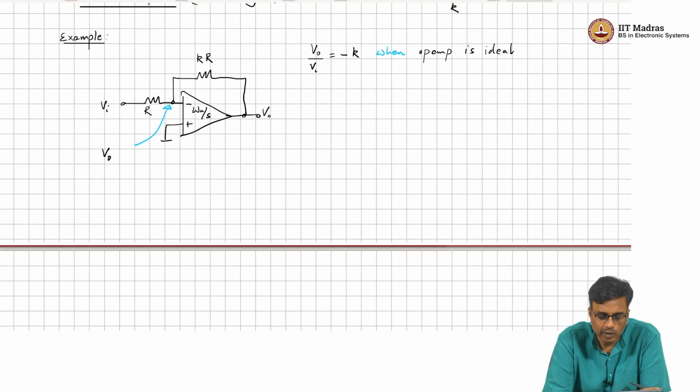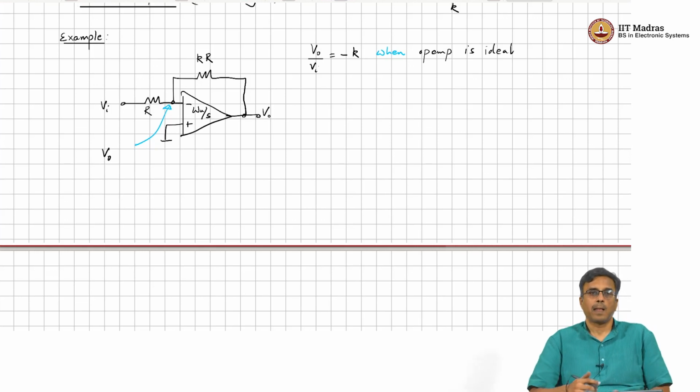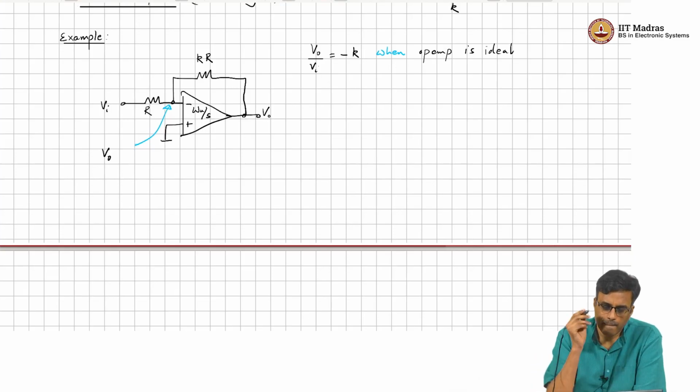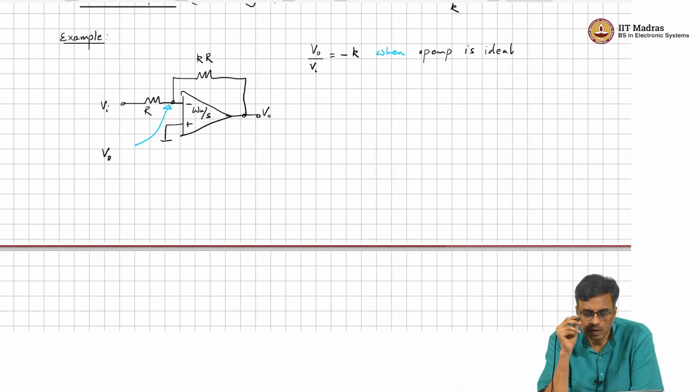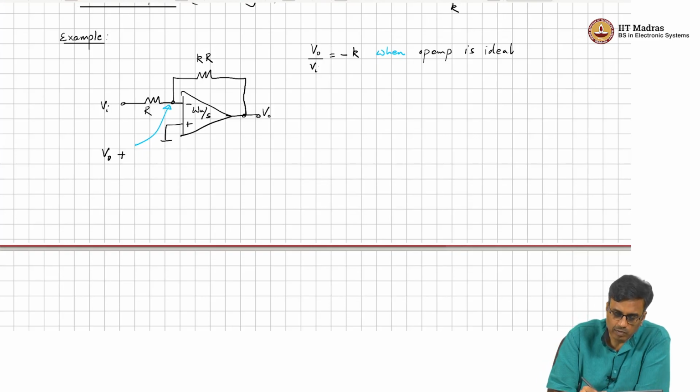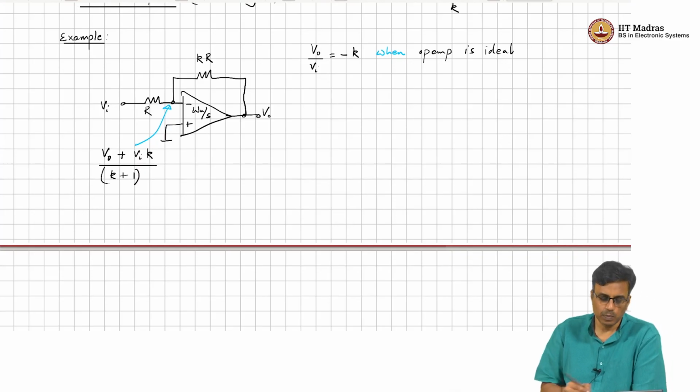You have two resistors, one end is connected to Vi, the other end is connected to V naught. What is the voltage in the middle? Yes, Praneeth. Okay, so V naught times 1 plus Vi times k, over k plus 1, right.